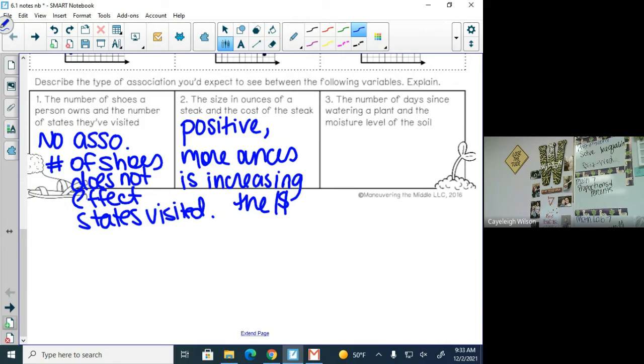But it would still be negative because they're different: one variable is increasing, one variable is decreasing. Alright, so this is negative. The more days, the less water, or less moisture.